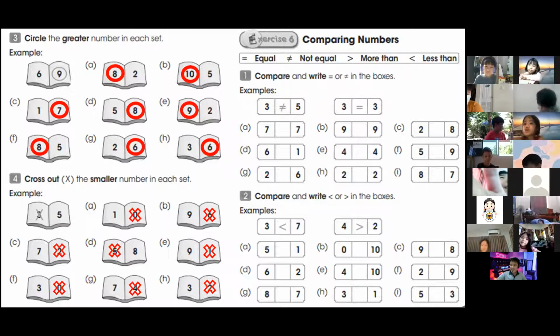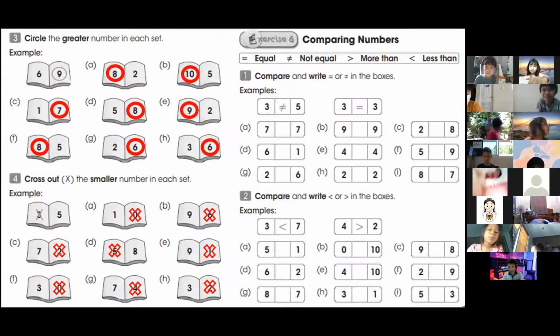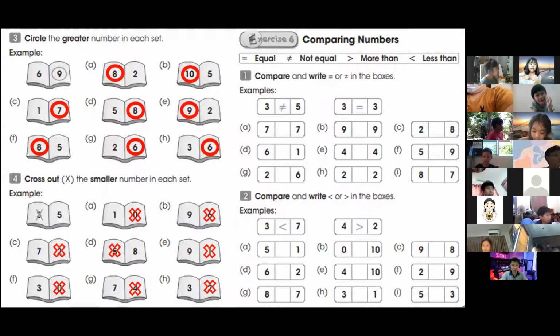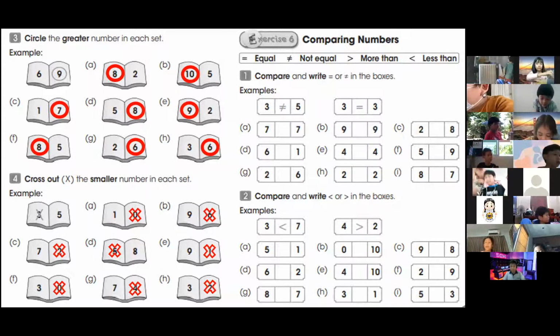Okay, very good. You are very smart. Everybody knows how to answer the questions. Now look at your answers in number 1 in page 17.